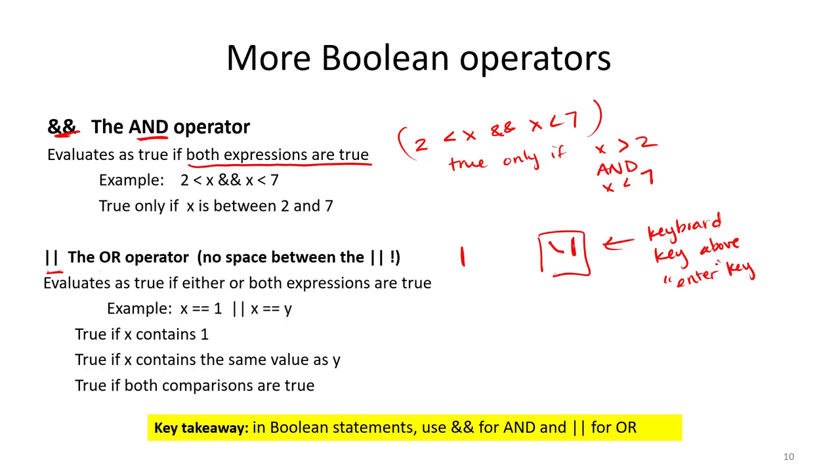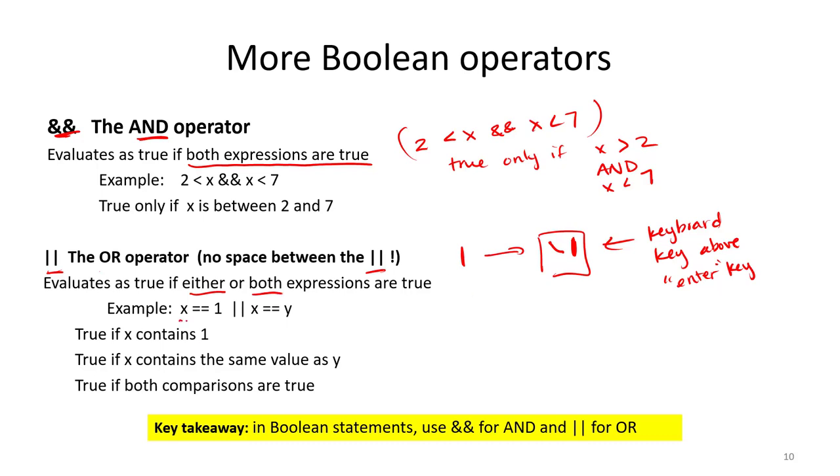That vertical bar is what we use for the OR symbol. And notice there are no spaces between the two vertical bars. The OR operator is interesting because it's true if either or both expressions are true.